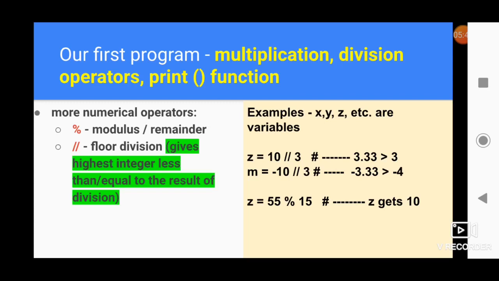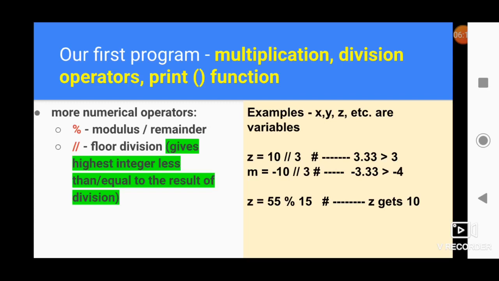See, minus 3 is actually greater than minus 3.33, and the floor division operator returns the integer which is immediately less than or equal to the result of the division. So in this case it is minus 4, so m gets the value minus 4. Be careful when you are dealing with negative numbers with floor division. The result may be a little surprising.